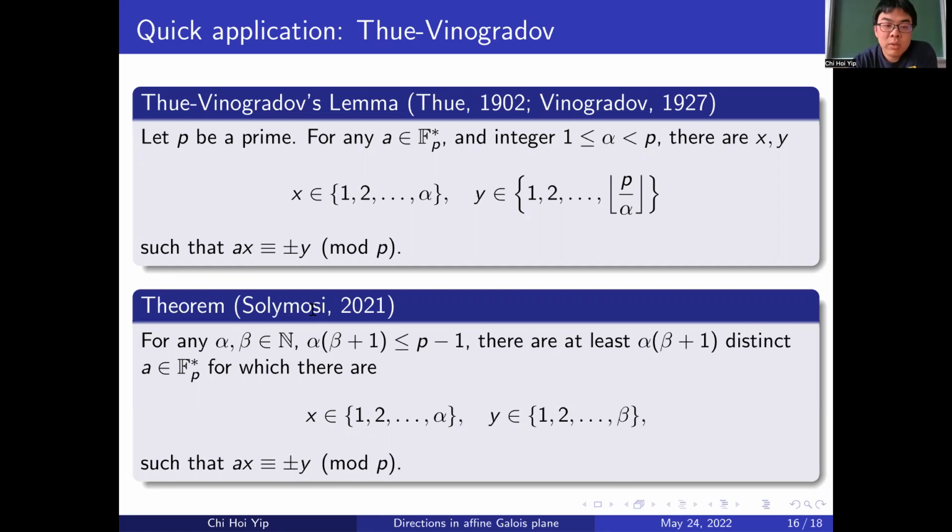And recently, Semchankau showed that, so here the product of these two intervals is roughly p. He considered a case where the product of the intervals is less than p, and he showed that there are at least roughly the product of these two intervals many A such that we can solve these congruence equations.